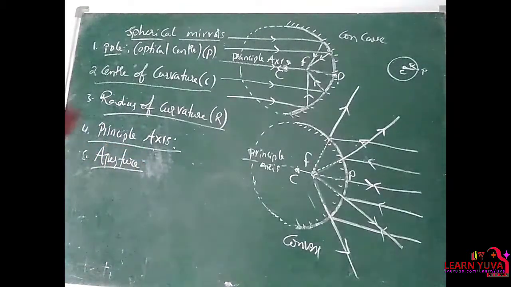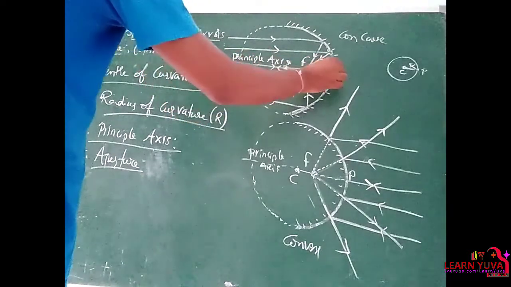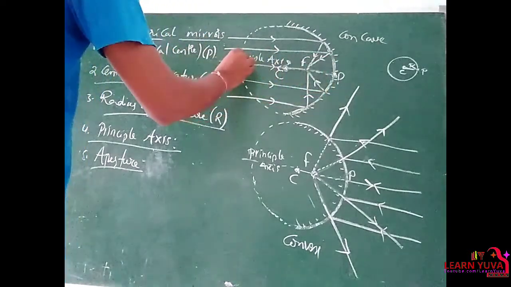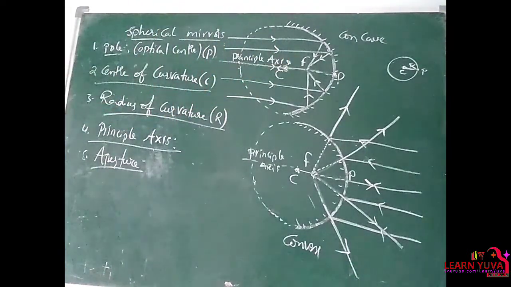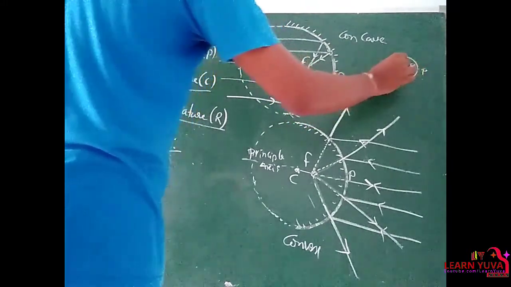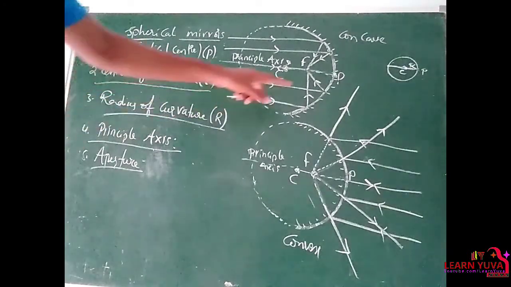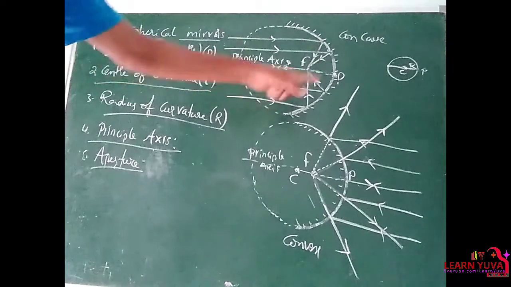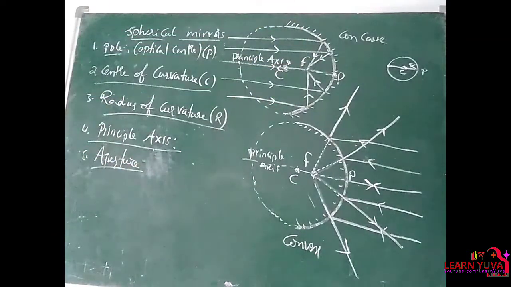Aperture is the diameter of the complete sphere of the mirror, from one end of the mirror to the other end through the center of curvature. It is a circle, and the complete line passing through the center point is called the diameter. Here the diameter is aperture, the diameter of the enclosed circular portion. Clear?